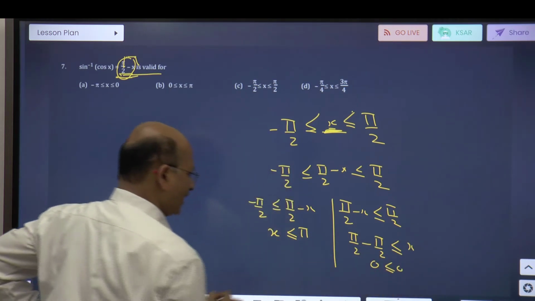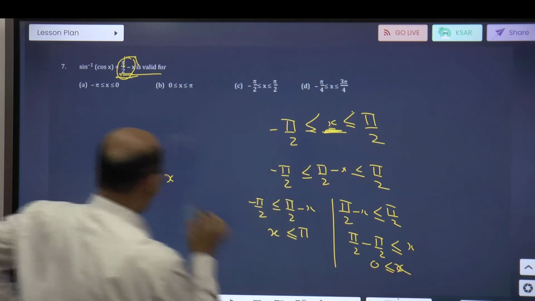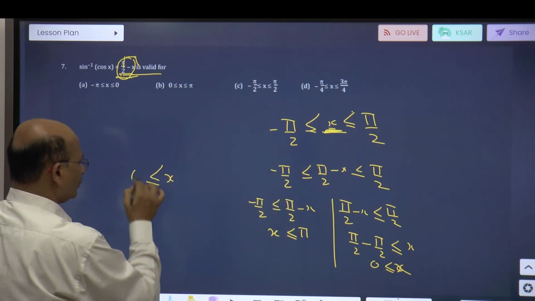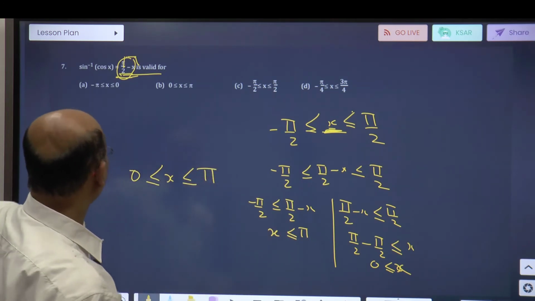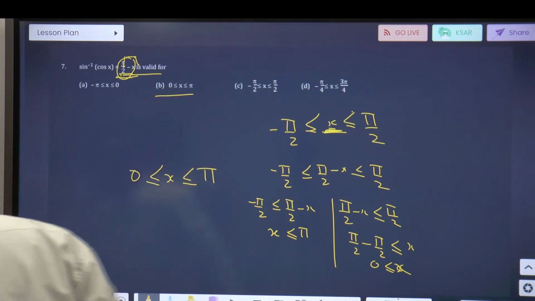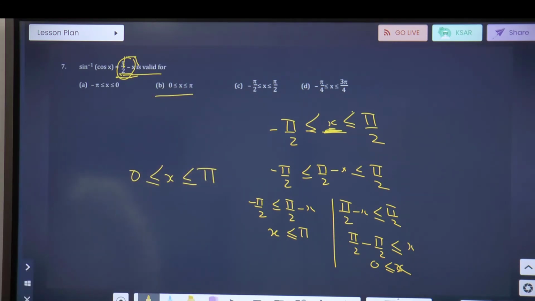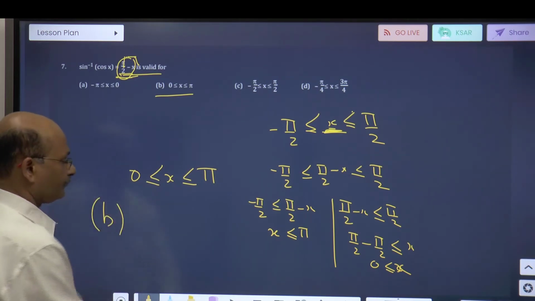So can you combine these two? So x is greater than or equal to 0 and less than or equal to pi. Is there any answer from 0 to pi? Yes, B. But let me confirm the answer there. The 7th question is 100% B. So B is the answer.